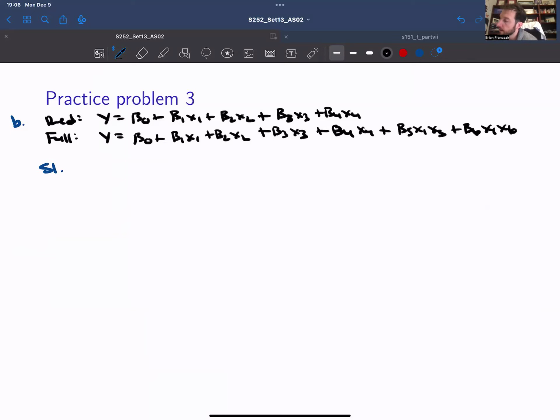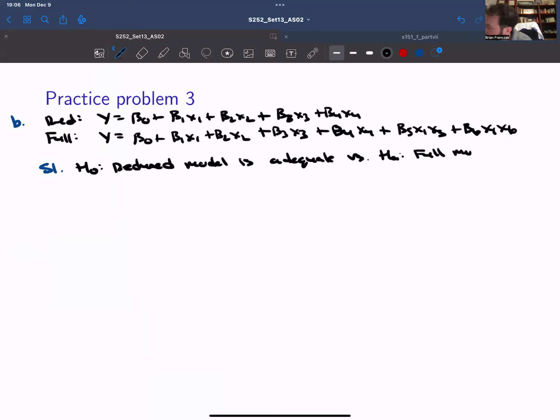So here we're actually testing two interaction terms at the same time rather than just one. So the null is that the reduced model is adequate, and the alternative is that the full model is required.